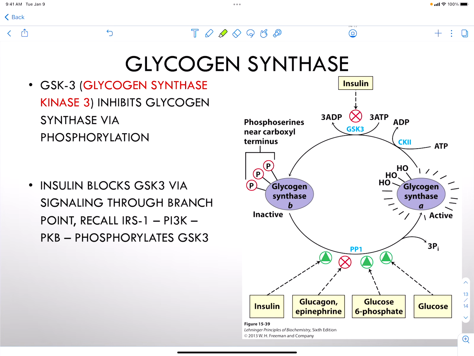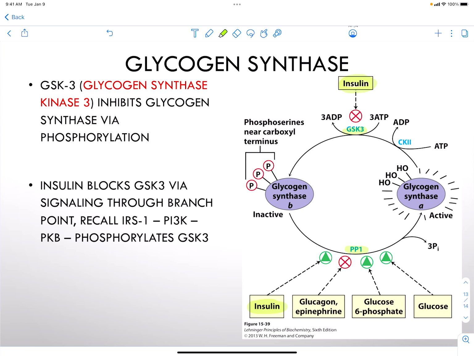Now, glycogen synthase is going to be regulated by glycogen synthase kinase 3. Glycogen synthase kinase 3 is going to inhibit glycogen synthase via phosphorylation. So we have here glycogen synthase kinase 3, and we have our protein phosphatase 1, which is activated by insulin. So insulin will block glycogen synthase kinase 3, and insulin will activate protein phosphatase 1.